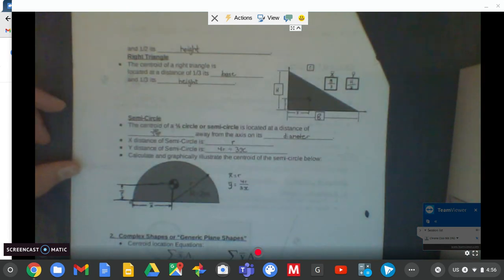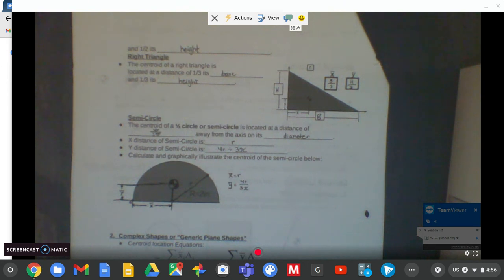Okay, now we have a triangle. To solve for the area of the triangle, you have to do base times height divided by 2, or 1/2 base height, but I like it better as base times height divided by 2.